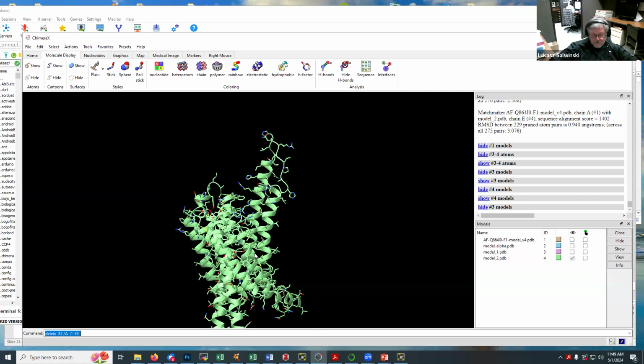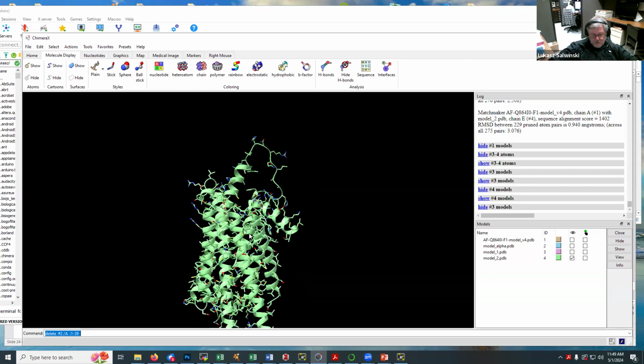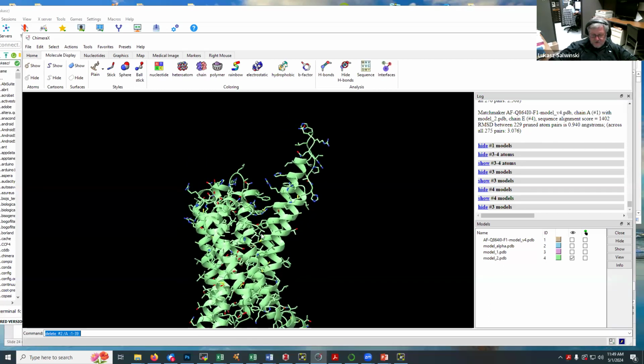This is, after all, a receptor that binds ligands and interacts with other molecules. So it could be that once this loop is presented to a ligand, it will rearrange itself and pack on the ligand. So those are things to notice in protein structures.